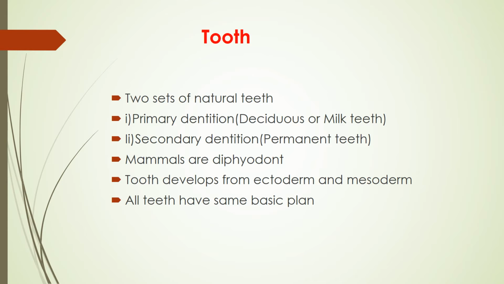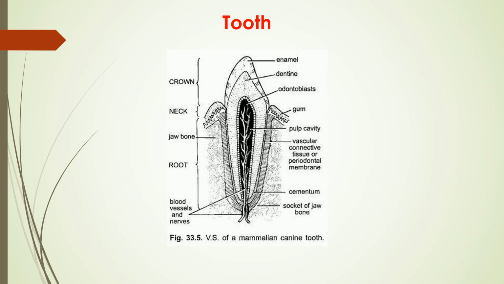Each tooth is developed from a tooth germ, which is derived from ectoderm and mesoderm. All teeth have the same basic plan, meaning a tooth has three main parts. Now this is a vertical section of a canine tooth.